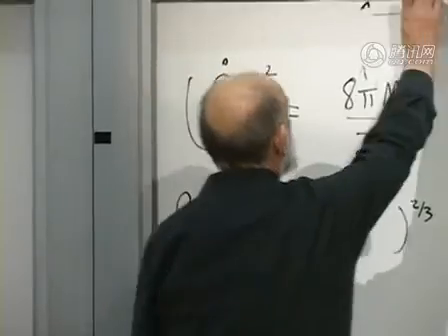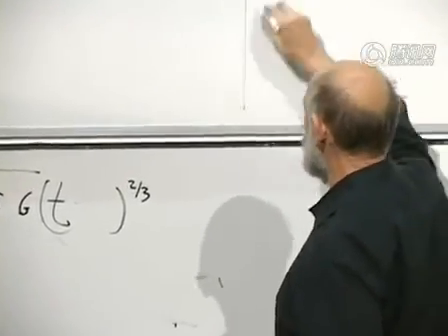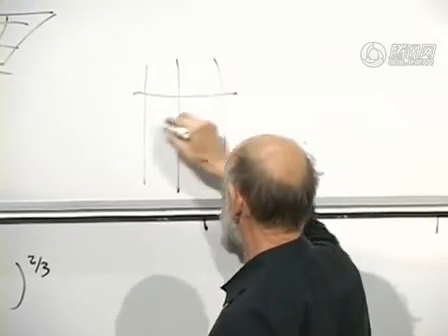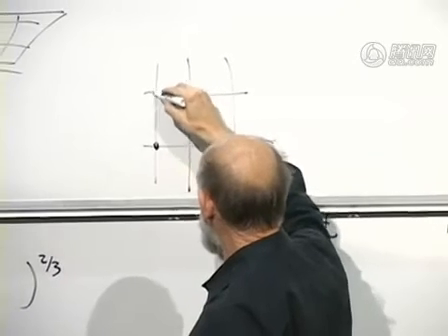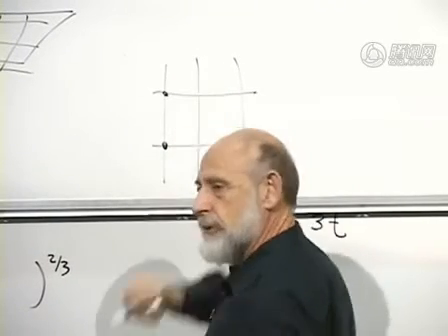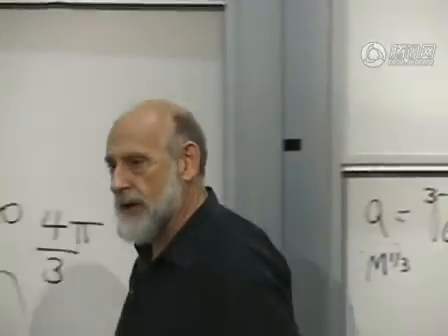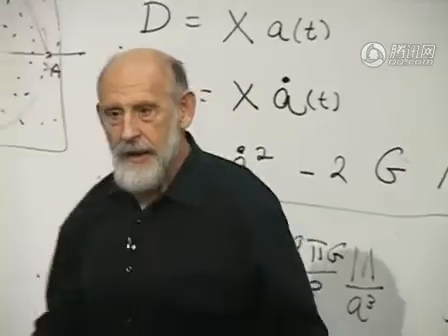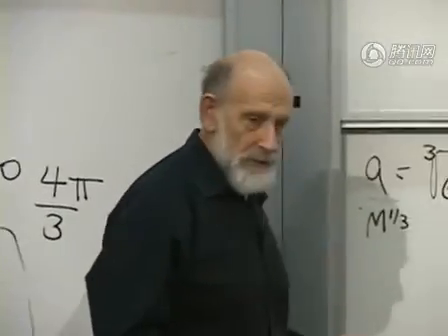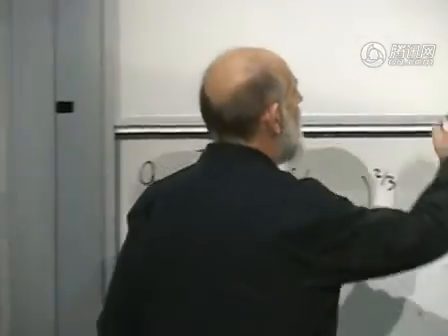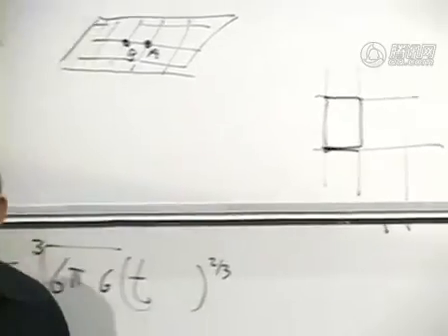What is A? A depends on your choice of initial grid. I could have taken this box to be the distance from us to Andromeda. I could have taken it to be the distance from us to the Coma cluster, or whatever. The equations are always the same, but the amount of matter within a box depends on which box I choose.